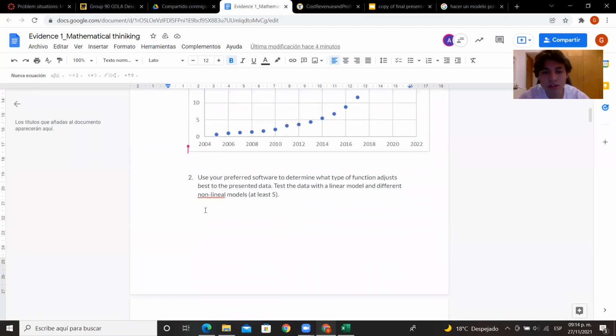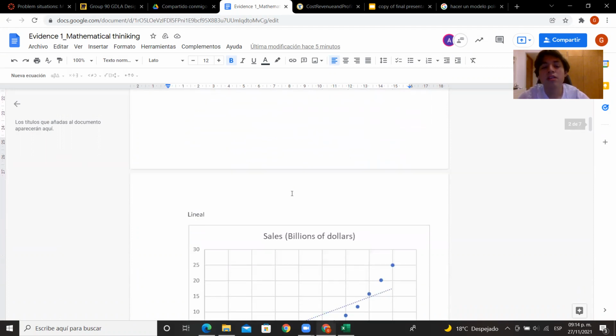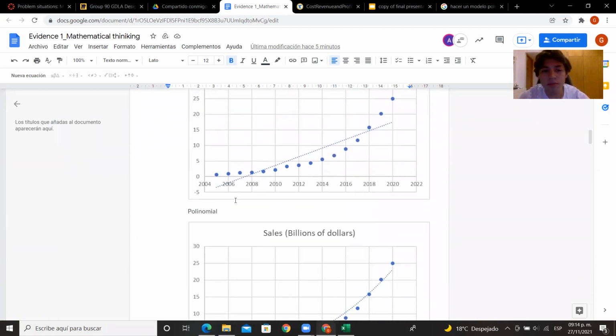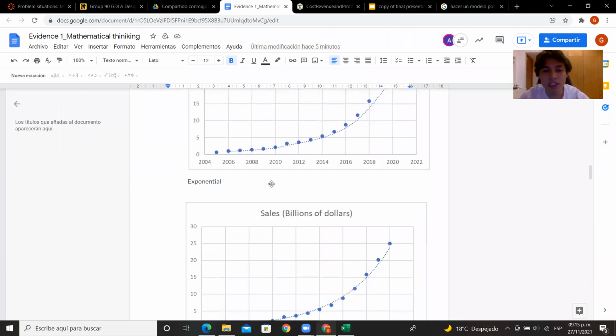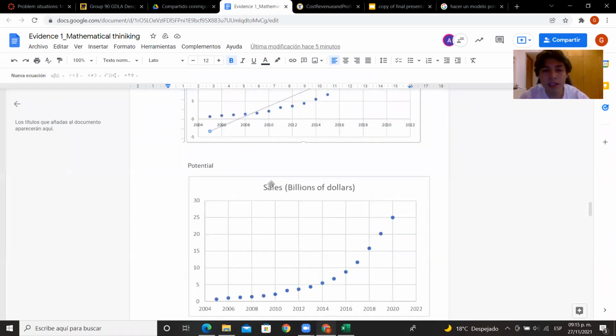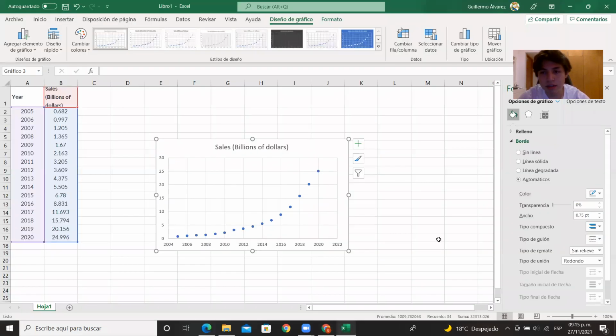It says to use the preferred software to determine what type of function adjusts best to the presented data and test the data with a linear model and different non-linear models. So we put the linear, the polynomial, the moving average, the exponential, the logarithmic, and the potential. It's pretty easy to do.